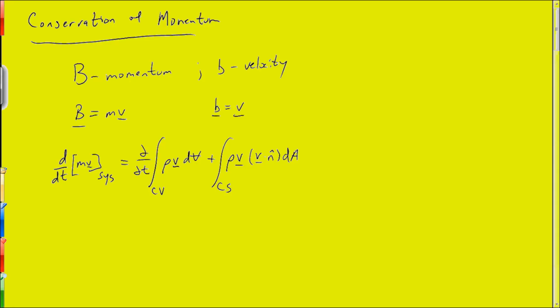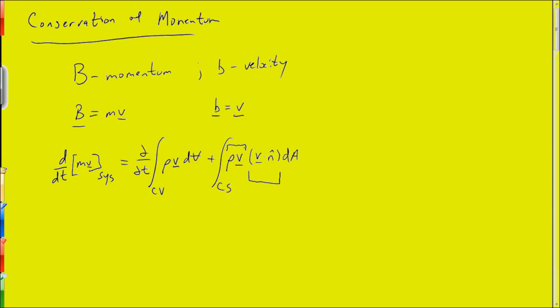dA. This last term is a little bit confusing because we have two velocities in there. Remember, this is the rate at which the fluid is crossing the boundary, and the fluid crossing the boundary has a certain amount of momentum, which is this term here.